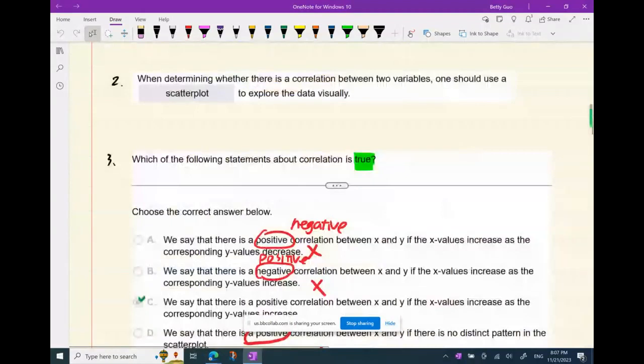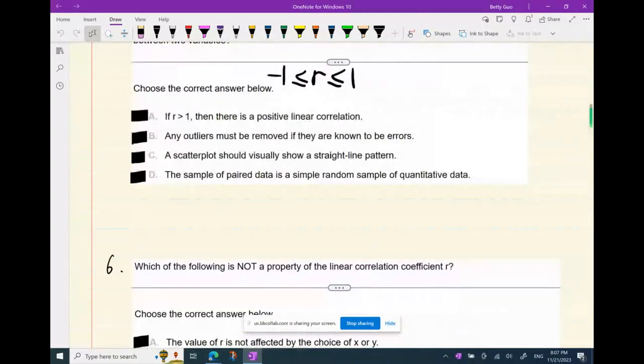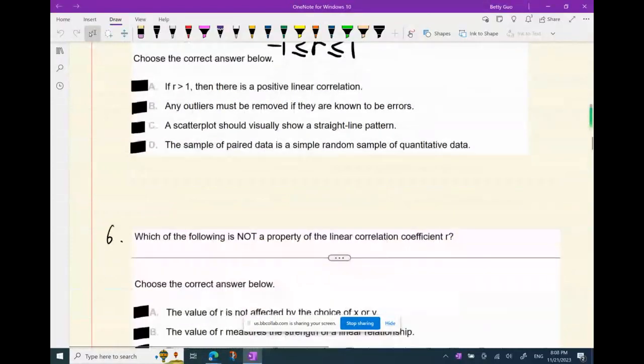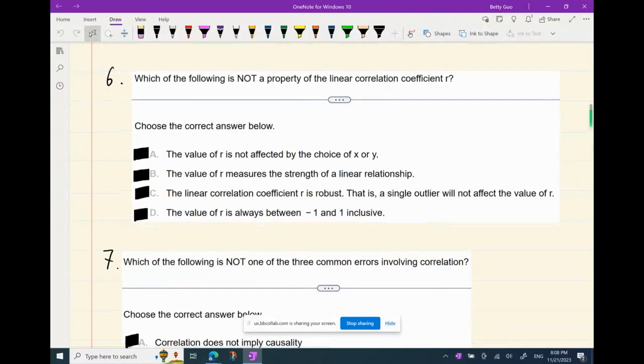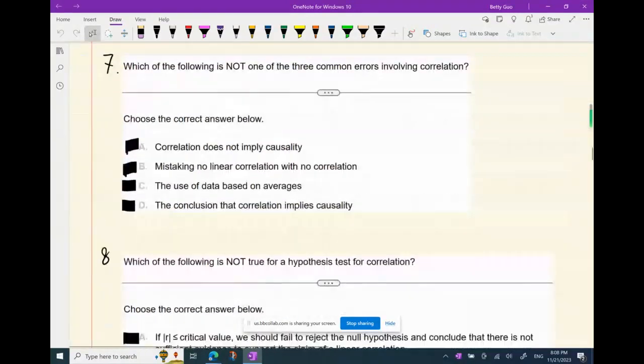So the second mistake is people mistake no linear correlation for no correlation. That's a mistake. Part C, the use of data based on averages. That's also a mistake. We should not do that because when we use average values, we smooth the data.